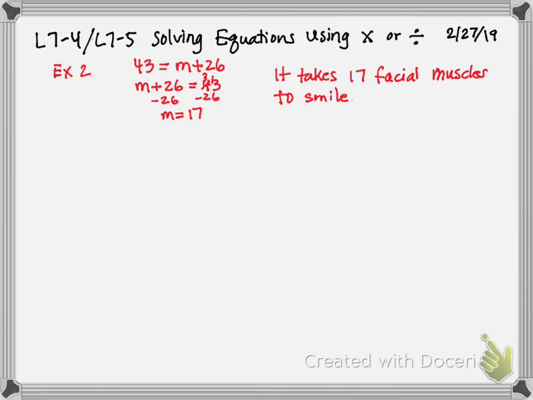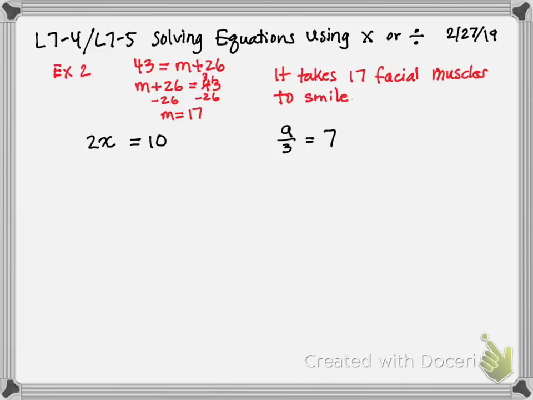So, today we're going to talk about, again, solving equations using multiplication or division. So let me give you an example of the kinds of problems we're going to deal with. Something like 2x equals 10. So we start a problem with multiplication. Or we might have something like a divided by 3 equals 7.